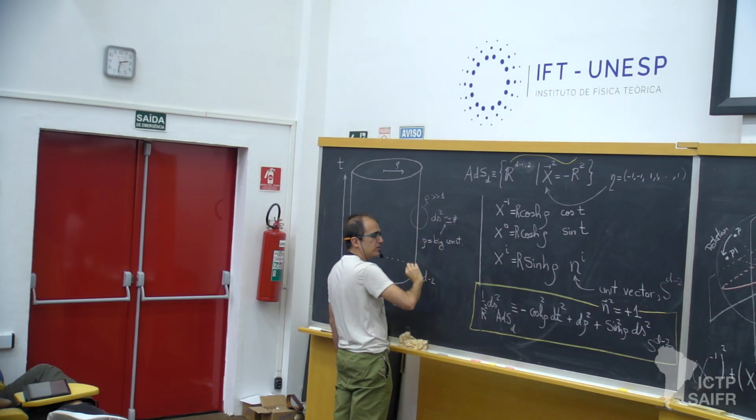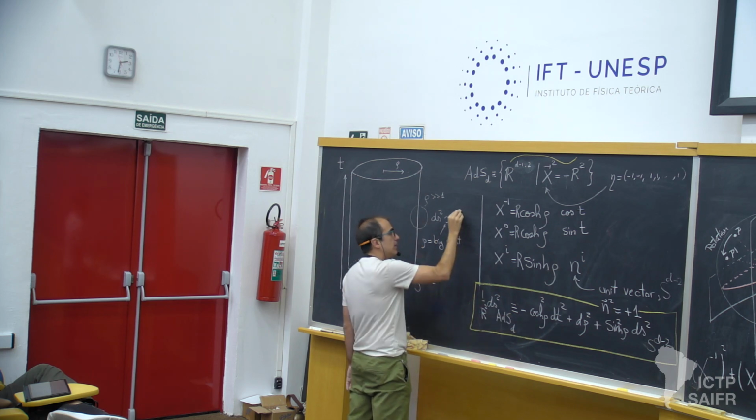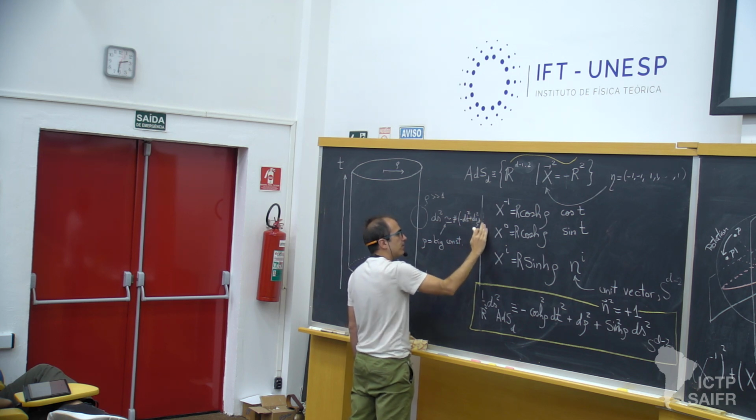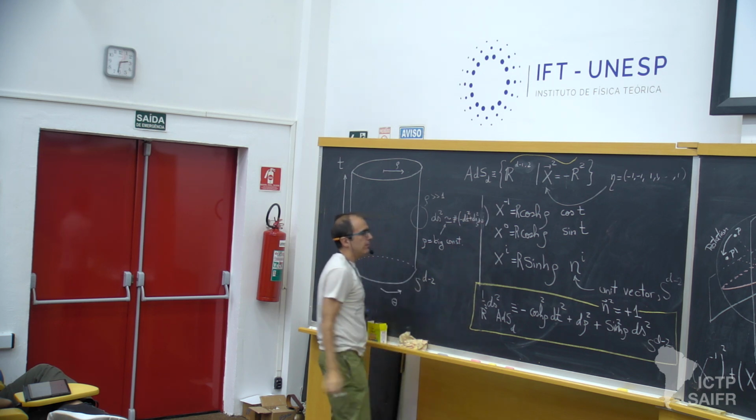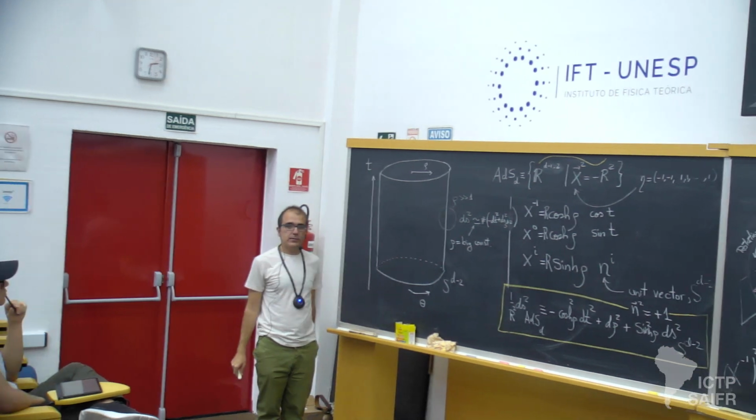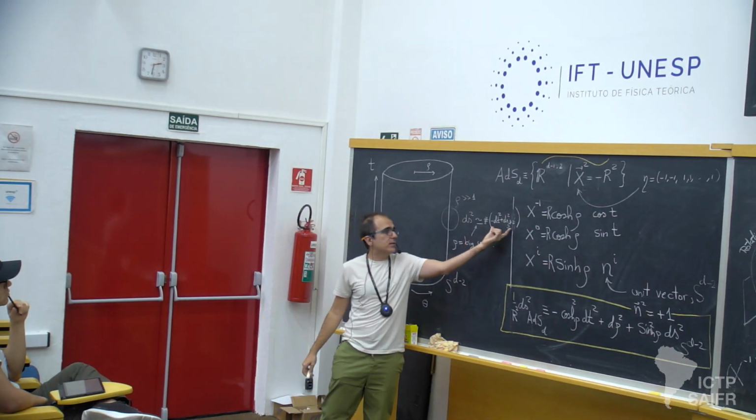That factor blows up, it's exponential of 2 rho, times minus dt squared plus the metric of a D minus 2 sphere. Do you agree? And this is nothing but a cylinder.